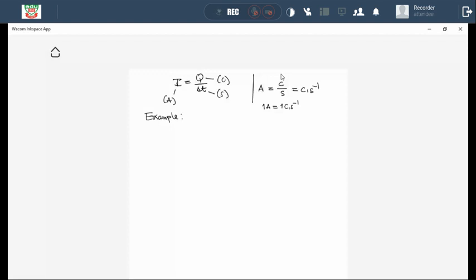It says, how much current is flowing when 10 coulomb of charge moves past a point in 5 seconds?